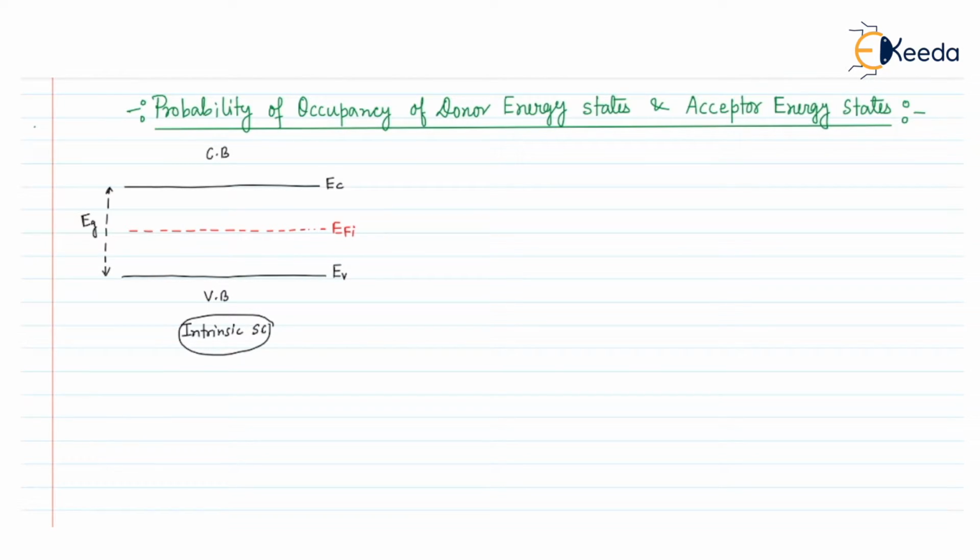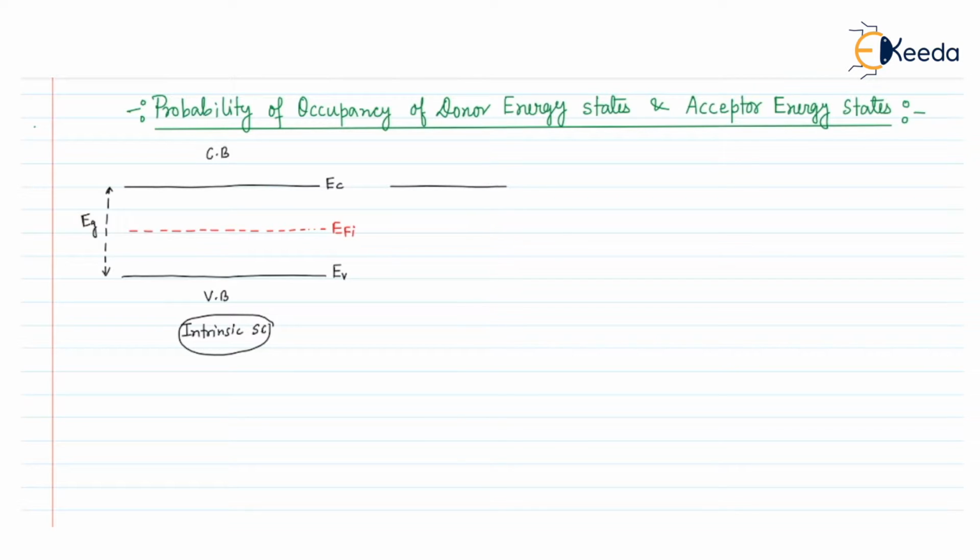Now, suppose we dope this semiconductor with a donor impurity. Then the band diagram of the doped semiconductor will look like this.